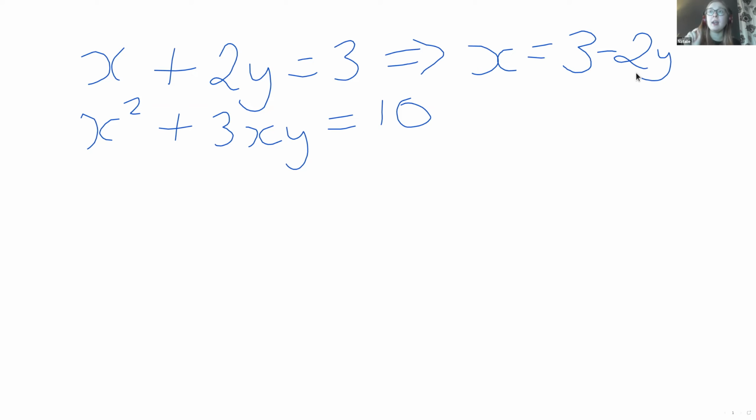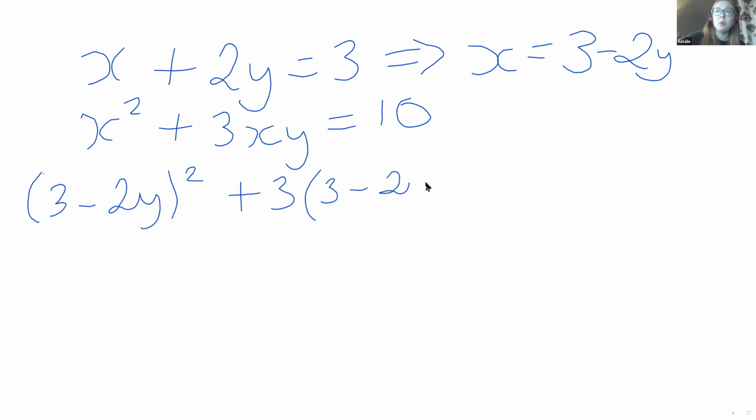So wherever I see an x, it's going to become 3 minus 2y. So substituting that in, I'm going to get (3 minus 2y) squared plus 3 times (3 minus 2y) times y is equal to 10. Now what we need to do is expand all the brackets and collect together the like terms.